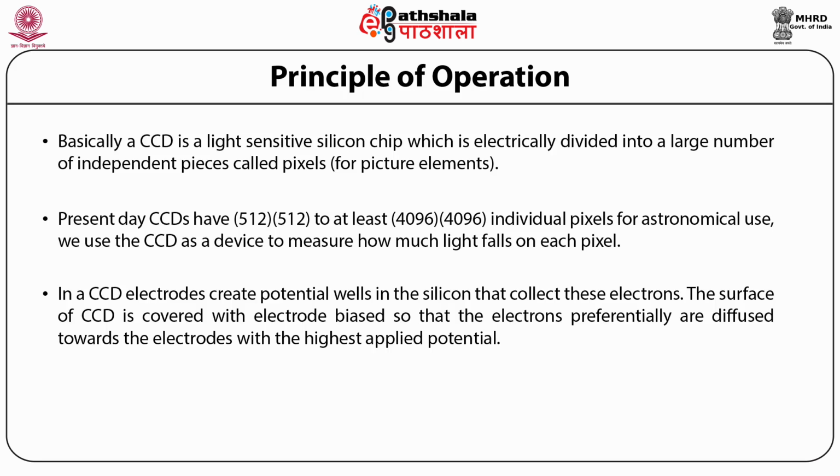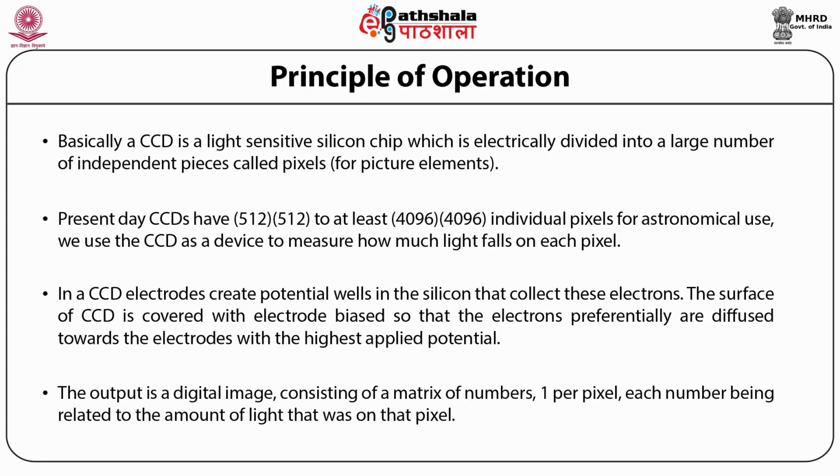The holes diffuse away into the bulk of the silicon and are effectively lost. The output is a digital image consisting of a matrix of numbers, one per pixel, each number being related to the amount of light that was on that pixel. The image coming out in digital form is readily manipulated, measured, and analyzed by computer.